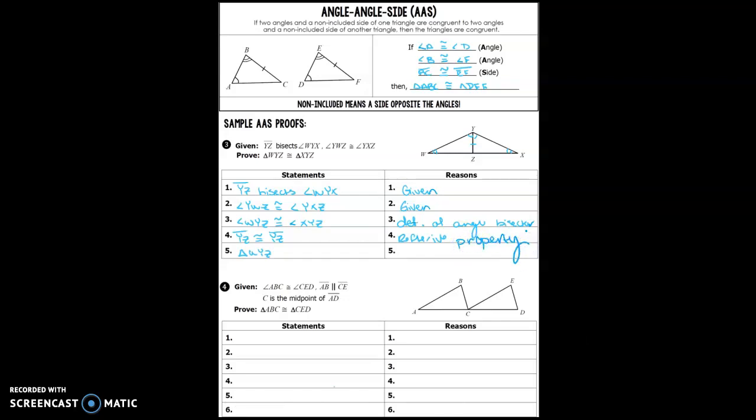And then because we have angle, angle, side, then we know that our two triangles are congruent. All right, so now go ahead and pause the video and try this next one on your own.